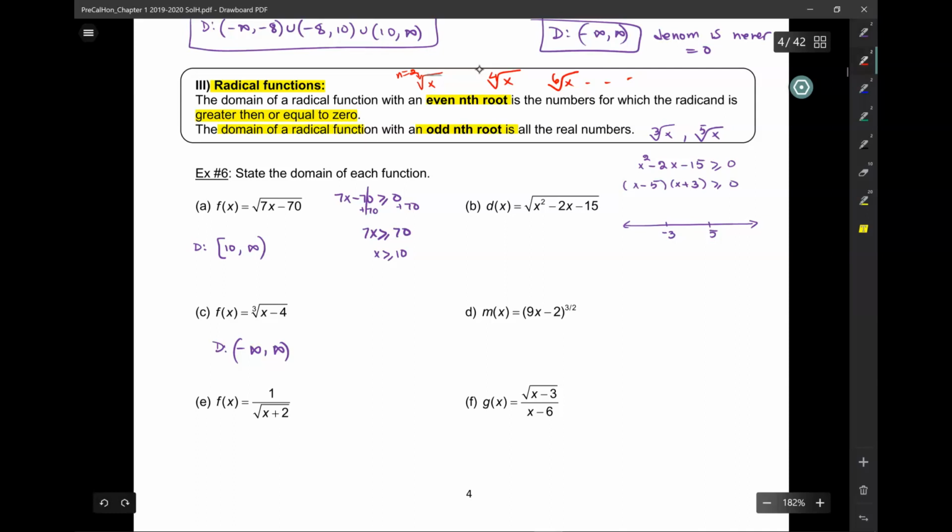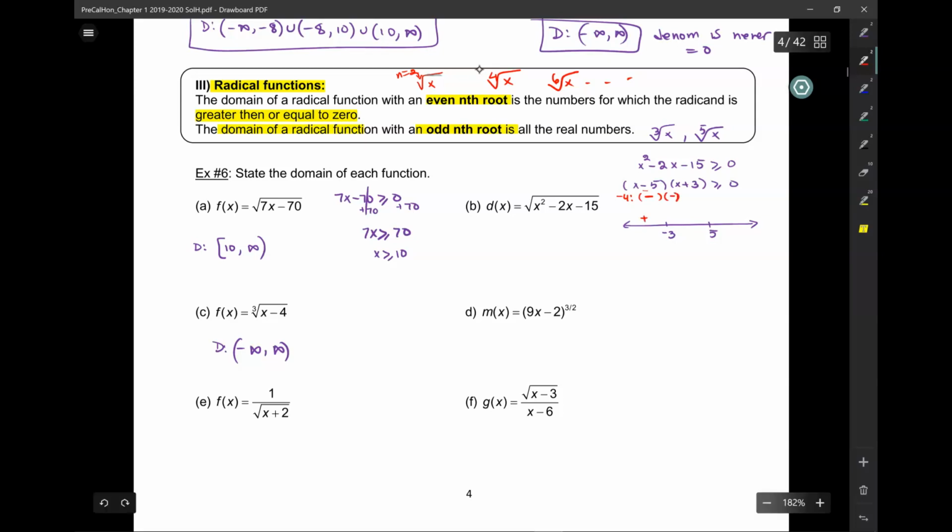Okay? So, if I pick a number, my favorite is 0, but let's go to the left first. Pick a number, negative 4. Instead of plugging it into the original, I like to plug them into the parentheses. It's less math. So if I put negative 4 in here, the first parenthesis gives me a negative value. The second parenthesis gives me a negative value.